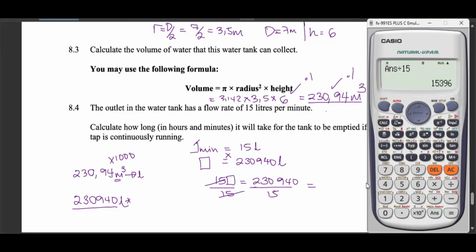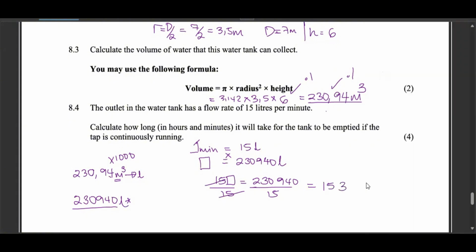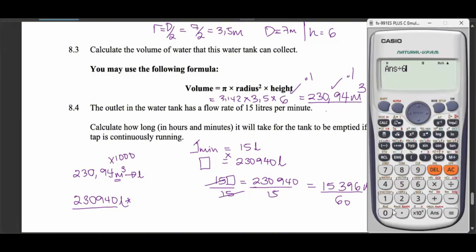When we divide by 15, we end up having 15,396. These are minutes. We want them to be hours. Minutes to hours, we divide by 60. Divide by 60.